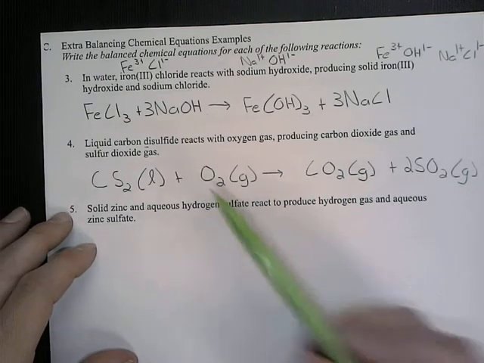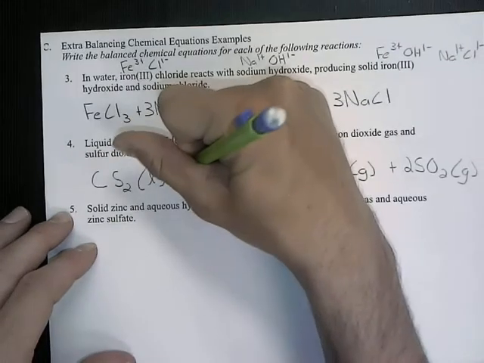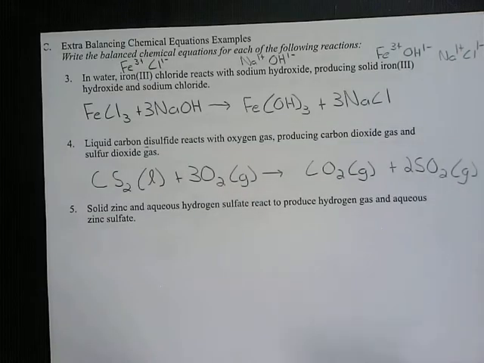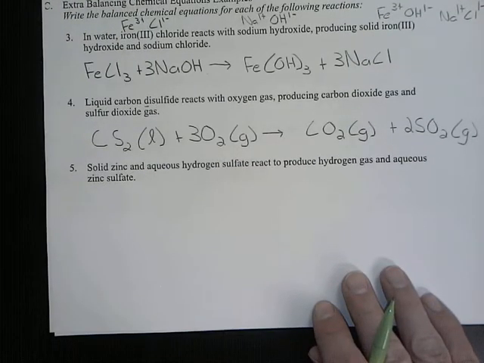To get 6 oxygens on the left, we put a 3 coefficient out in front. Now we are balanced.